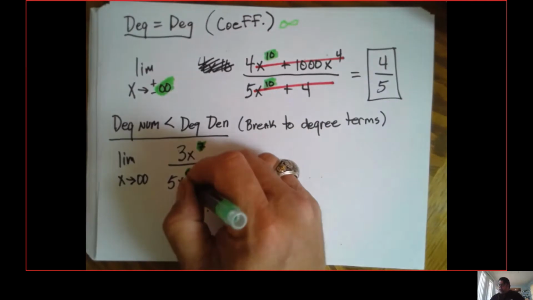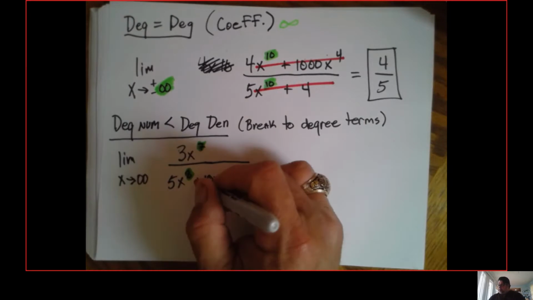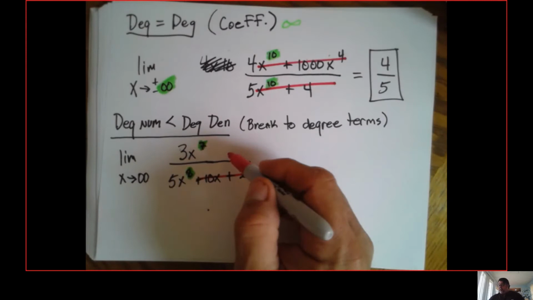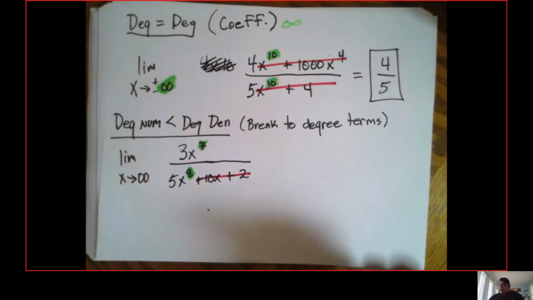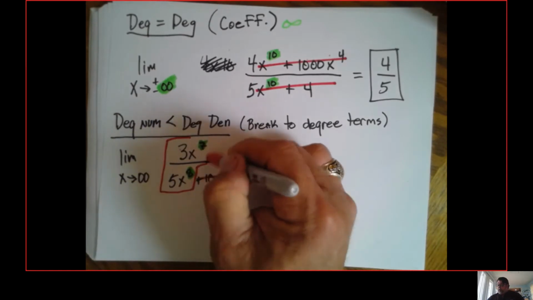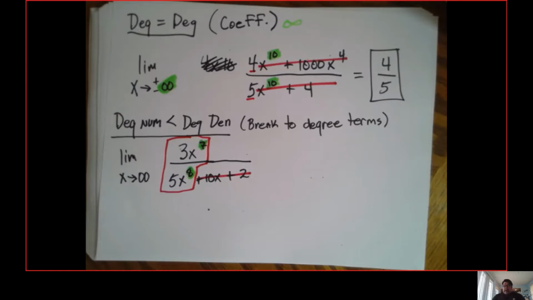There's your leading degree in the denominator. So I'm going to mark out the rest. Now, if you had a +1 up here or a +2, you would mark it out too. But you would just leave the terms, where before we just did the coefficients. Now we're going to plug in infinity. Now this is where you have to think out of the box.